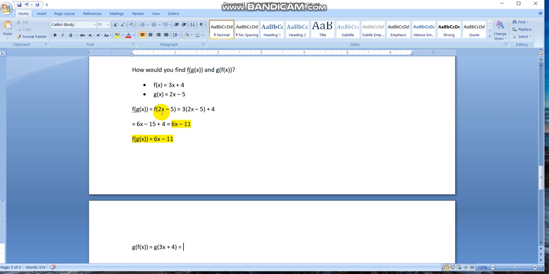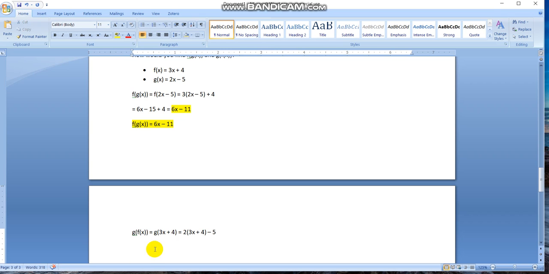So we look at our function g of x, and everywhere we see an x, we're going to plug in 3x plus 4. So 2 times 3x plus 4 minus 5. If I use the distributive property, this is going to be 6x. 2 times 4 is 8, minus 5.